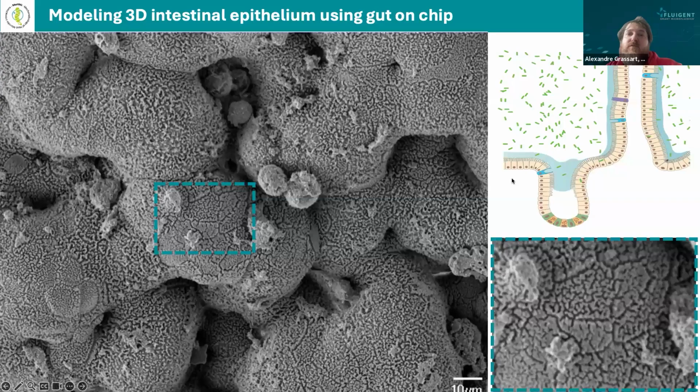And so to give a better view of how the cells mature, look at this picture from the scanning electron microscopy, when you are looking from the top of your chip, like an eagle eye, and you can see that the cells mature very nicely with these microvilli on the top of the enterocytes. And they also form this big structure that resembles the villi and crypt area of the tissue in vivo that you can see here.